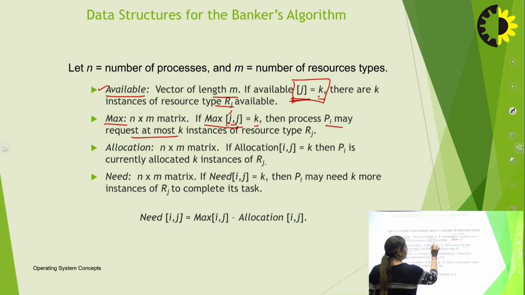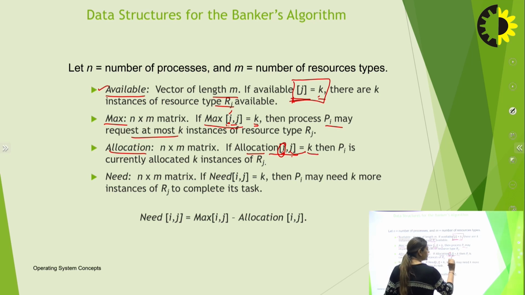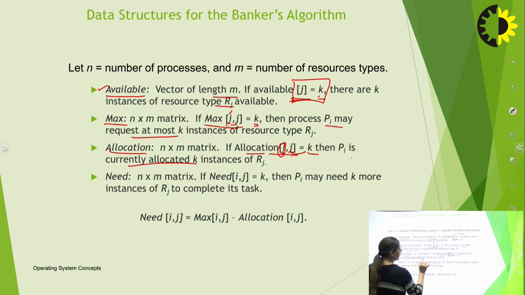Allocation[i][j] equal to k means process Pi is currently allocated k instances of resource Rj. Listen again: Pi is currently allocated k instances of resource Rj, right?